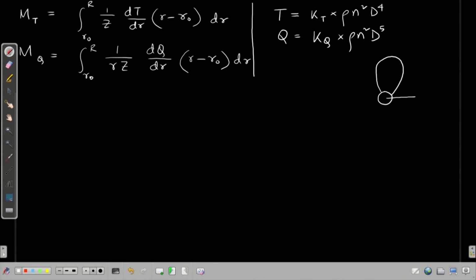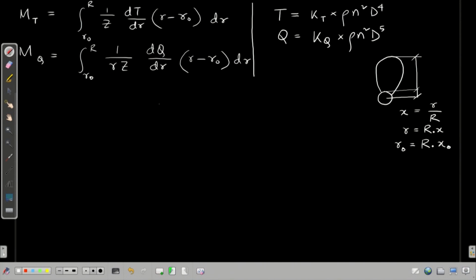So, we will take a non-dimensional factor x which is given by r by R. So, r is R into x, and this particular location at r0 will be R into x0, which is the fractional radius at the root of the propeller blade.